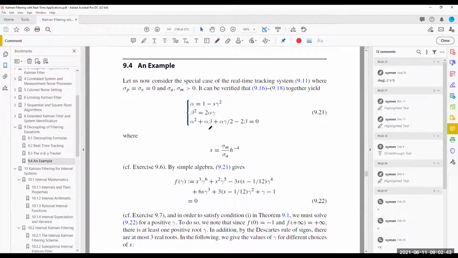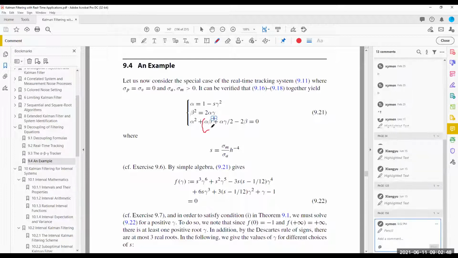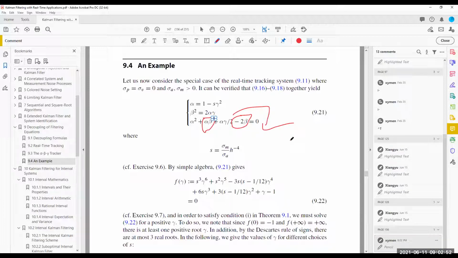We can start from the third equation. We can move all the beta terms to the right hand side, that will be 2 minus alpha times beta.